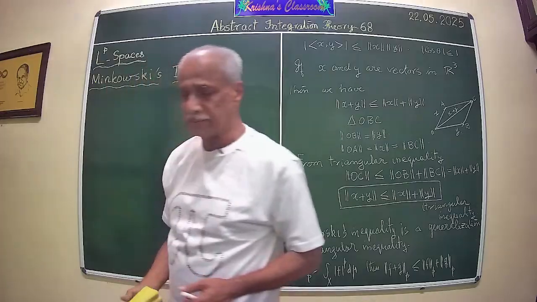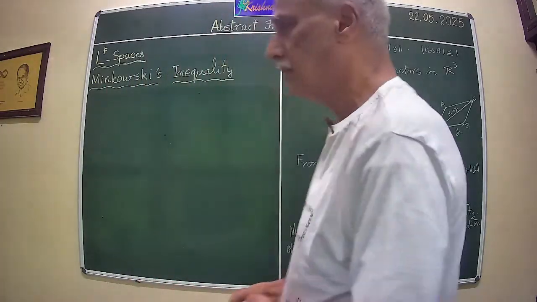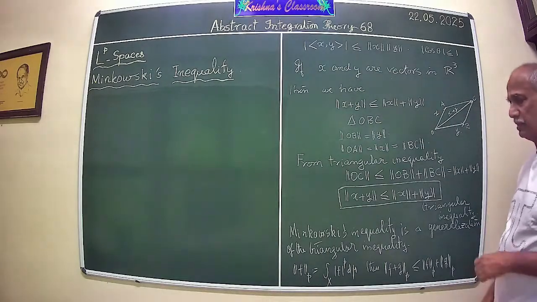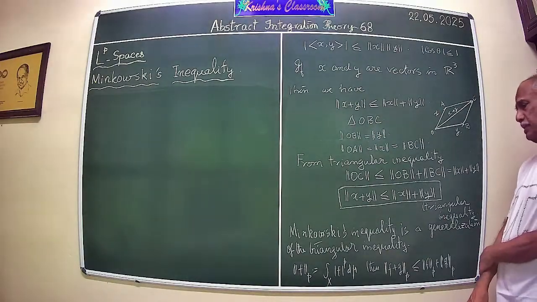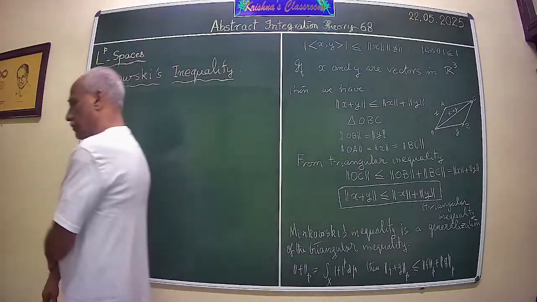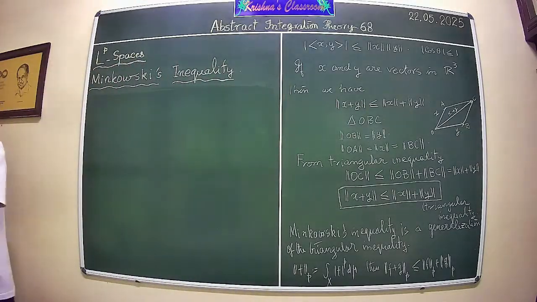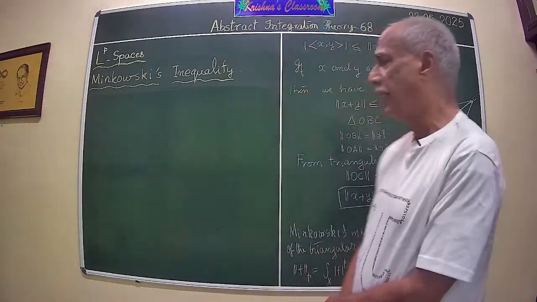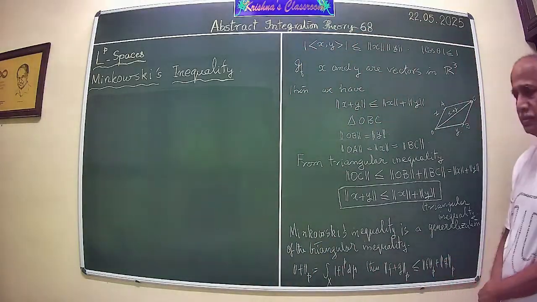So we recall the assumptions: f and g are extended non-negative valued functions. That is, they could take the value plus infinity also at some places. Okay, and they are measurable functions.